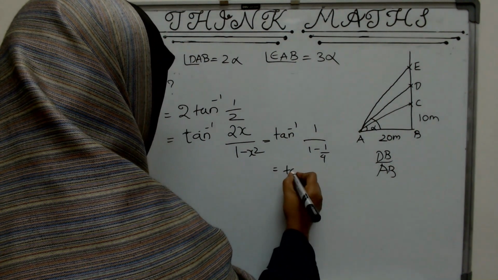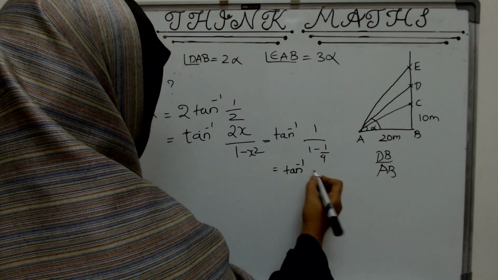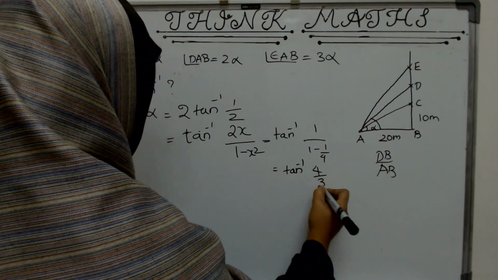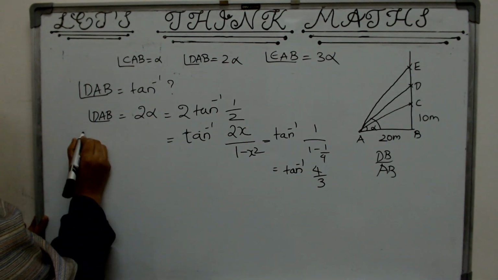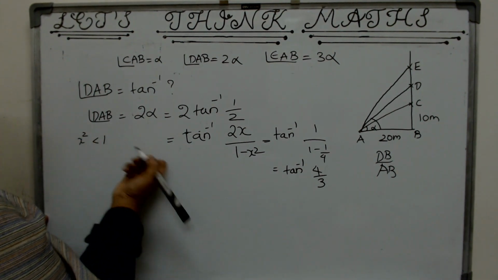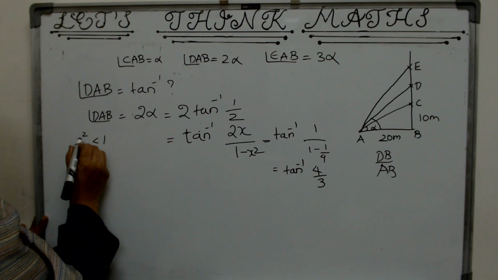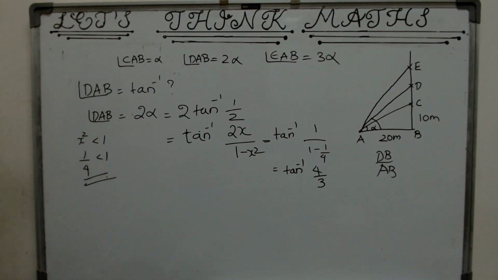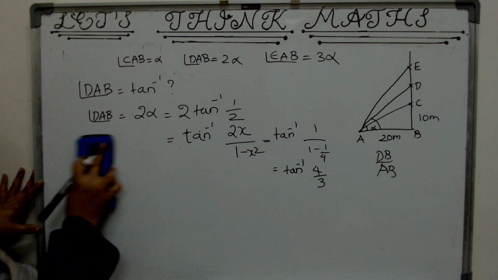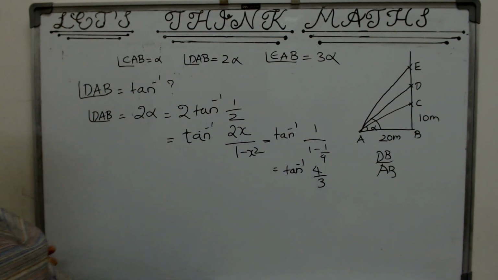So this is tan inverse of 4 by 3. And remember, before applying it, make sure that x square is less than 1. Is it less than 1? x is half. So this is, yeah. So we are safe here. This is less than 1. So you can apply this. So DAB is tan inverse of 4 by 3.